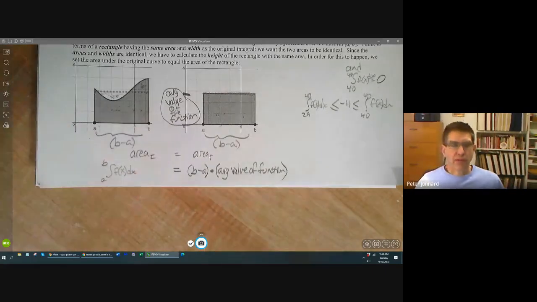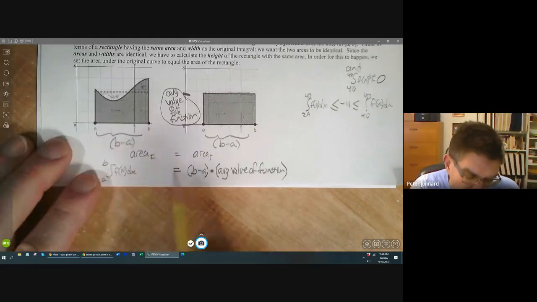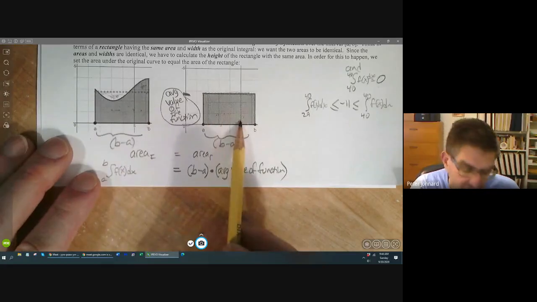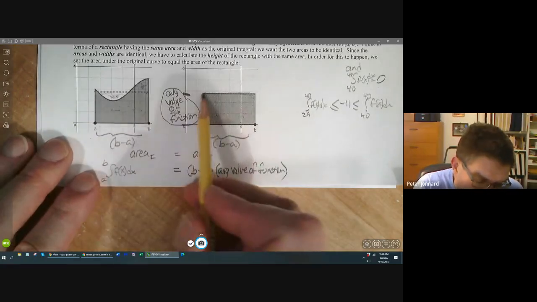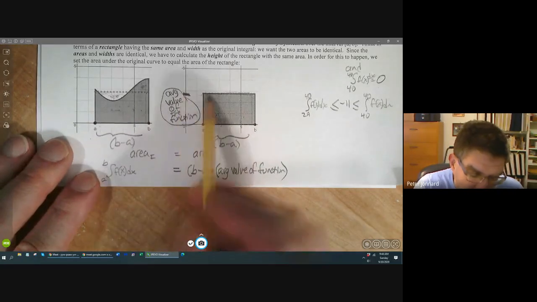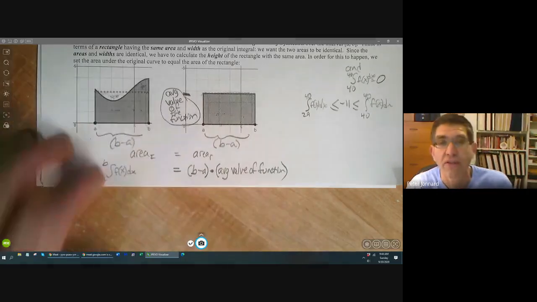So there you go. You're just equating those two areas. The area under the integral is exactly equal to the area of this rectangle. And by definition, this height here has to equal the average value of the function. Otherwise, this whole thing falls apart.